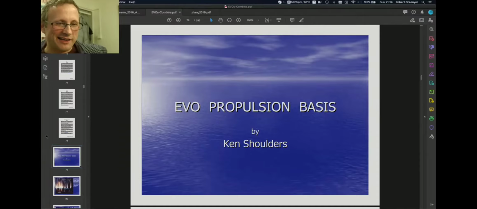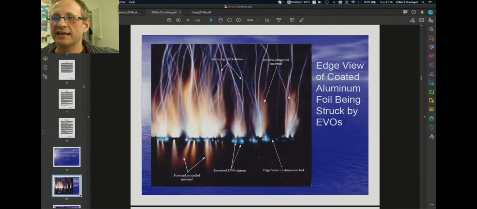This is a presentation by Ken Shoulders, and it is called Evo Propulsion Basis. He's looking at this aluminium sheet, and you have these incoming Evo strikes, and they go boom.